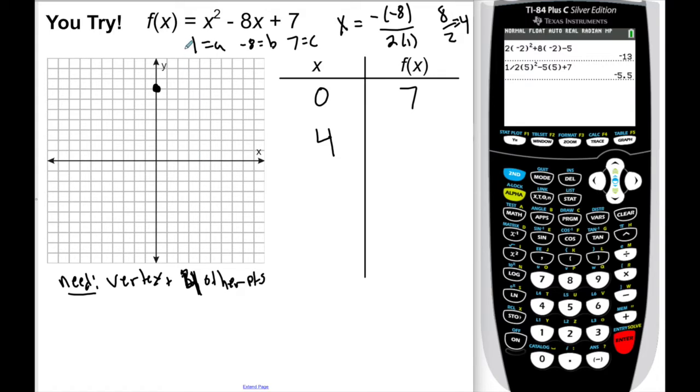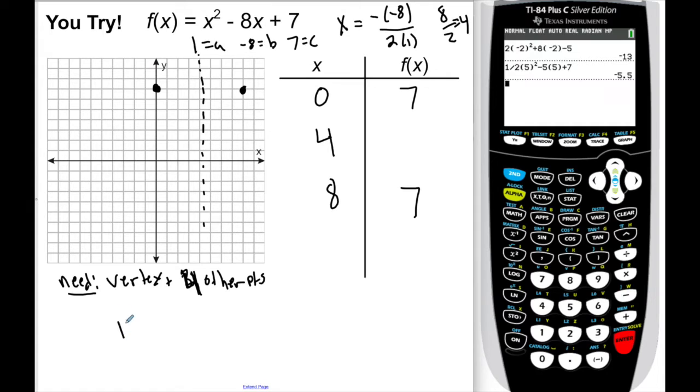And because the x of my vertex is 4, you have this line of symmetry at 4. So at 0 and what other one? 8 must have the same y value because of this symmetry. Okay? Now I'm going to plug in 4.